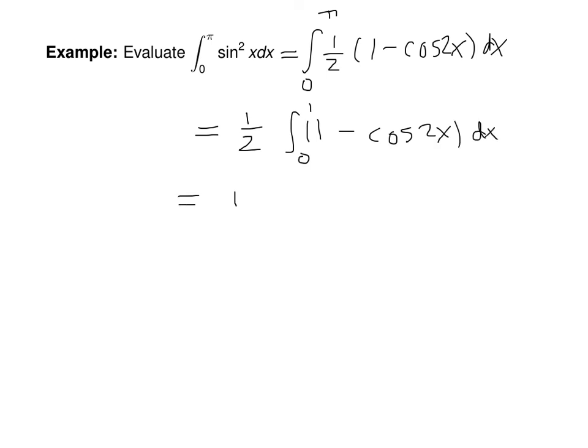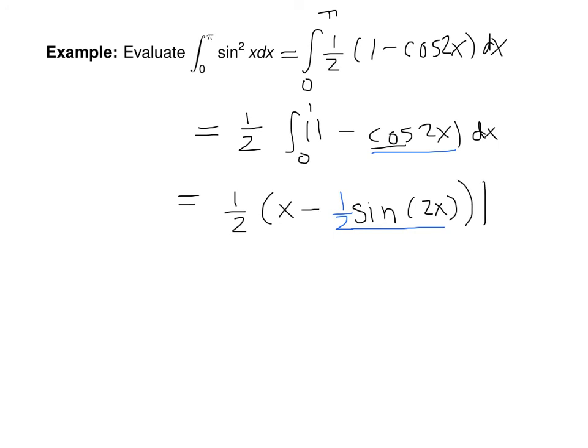The antiderivative of 1 is just x. The antiderivative of cosine is sine, so we'll have sine of 2x, and just think for a second what you need there to make it so that this function differentiates to this one. Sine of 2x's derivative is cosine of 2x times 2, which means you need a 1/2 there. If you're uncomfortable with that, you can do a u-substitution for the 2x, but this is just a lot easier.